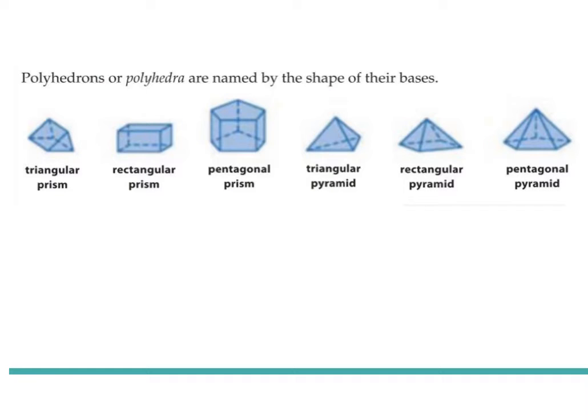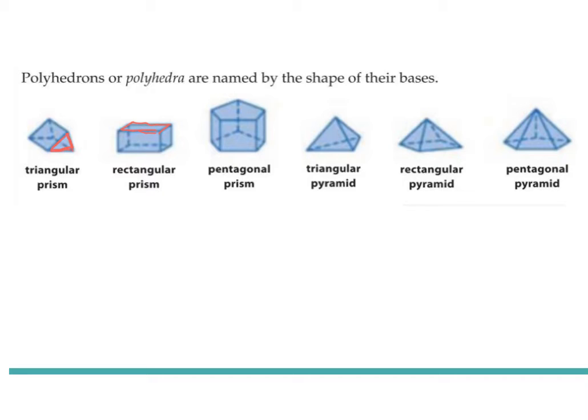So polyhedrons have special names, and they're named basically by the shape of their bases. So we have a triangular prism because there is a triangle at the base, but then it's a prism because it does have that rectangular part. Then we have a rectangular prism because that one face is a rectangle.